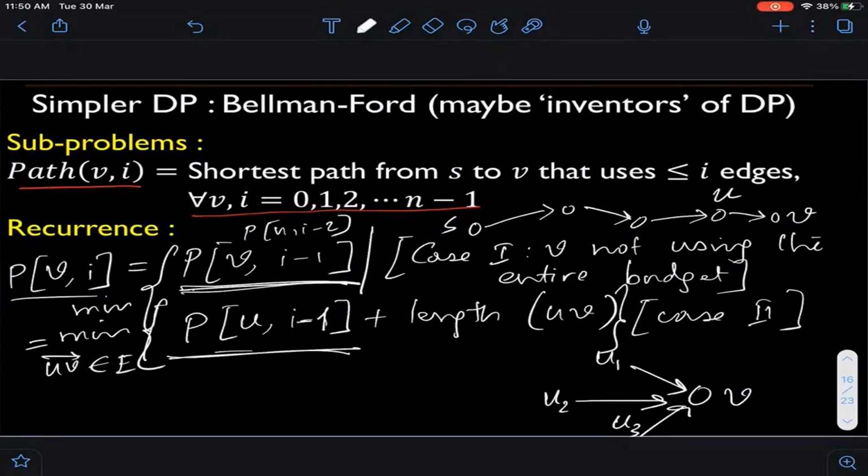Because then you might have... no, why is it covered in pu I minus 1? That should be covered in pu comma I minus 2 and not I minus 1. Because in u I minus 1, that... yeah, because then you will miss out on some solutions, right?